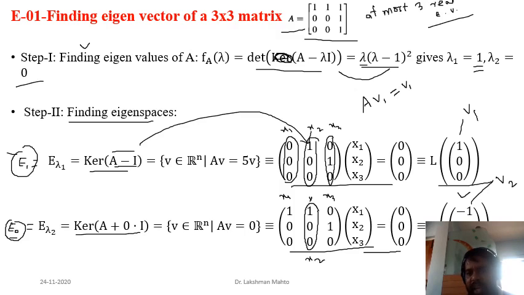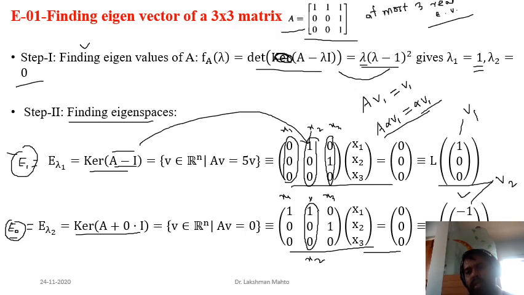Now, similarly, if you take any scalar multiple of this, call it alpha times v1, and operate the matrix on it, alpha is a scalar, so it just comes out, and you get A times alpha v1 equal to alpha v1.